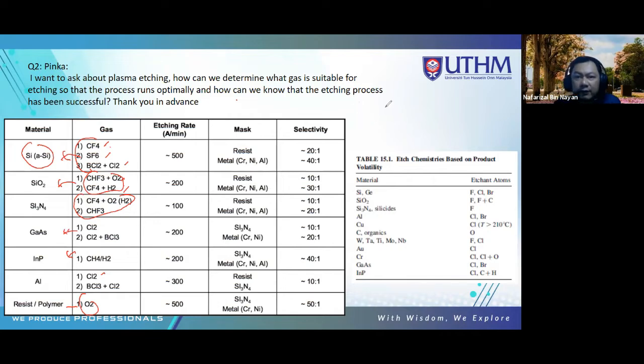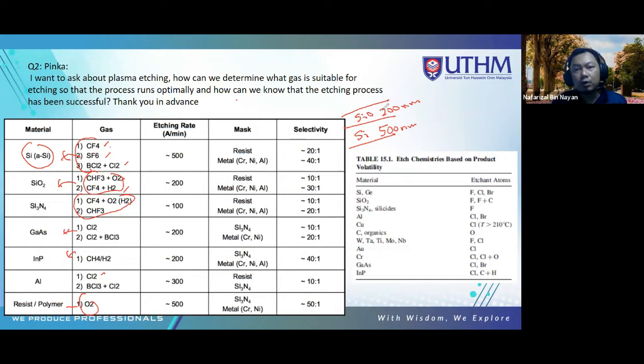Right now I mentioned that I have a silicon wafer here, with a thickness of maybe 500 nanometer, for example. And then I have the silicon dioxide here, 200 nanometer. This is the thickness. I'm drawing a cross section.